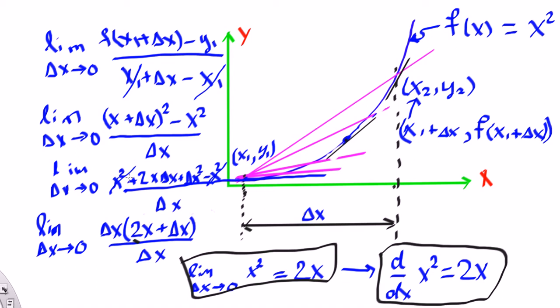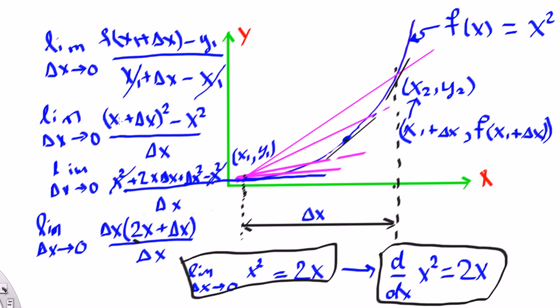The following step is we expand this binomial to the power 2, and we have x squared plus 2x delta x plus delta x squared, and finally subtract x squared. Okay, now just a recap.